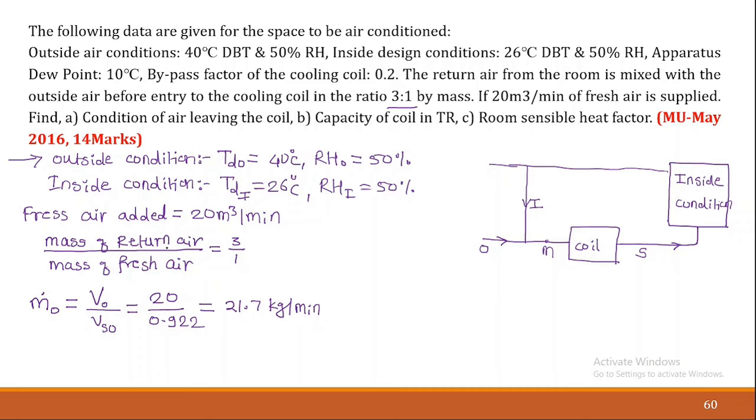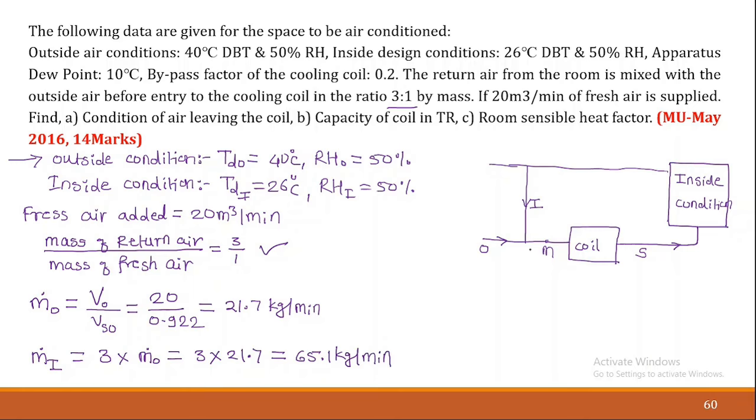Now we will take help of this equation to find the mass of return air, M dot I. From this equation, it is equal to 3 into the mass of fresh air, that is M dot O. That is 3 into 21.7, so I get the answer as 65.1 kg per minute.